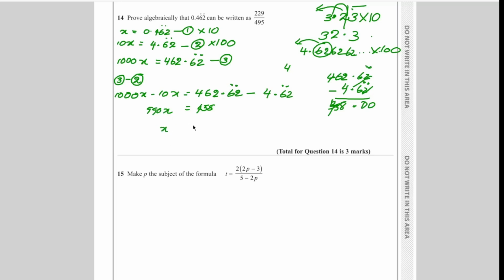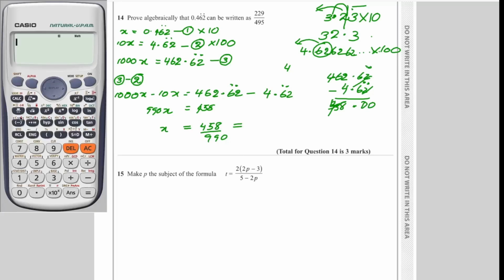So I'm dividing both sides by 990. So 458 divided by 990. Now use your calculator and check, then you will get this answer. 458 over 990. Let's see. Yes, 229 over 495.